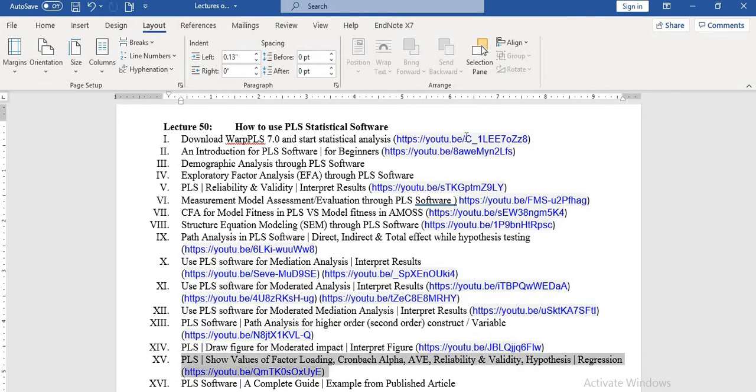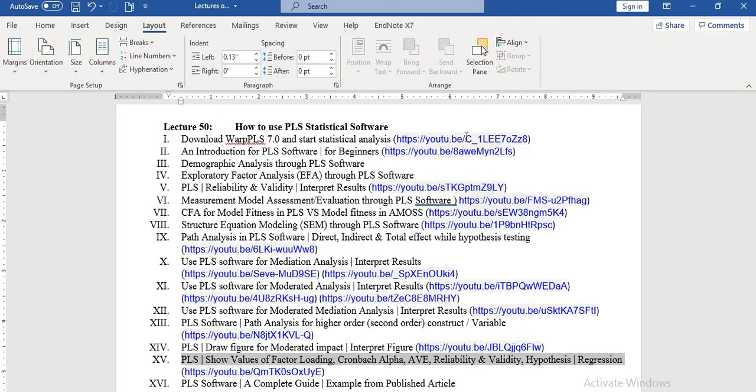The last lecture, lecture number 15, the very previous lecture from the present lecture which you are listening to at the moment, is about how to show the values for the factor loading, Cronbach alpha, AVE, reliability, validity, and how to test the hypothesis and regression analysis.